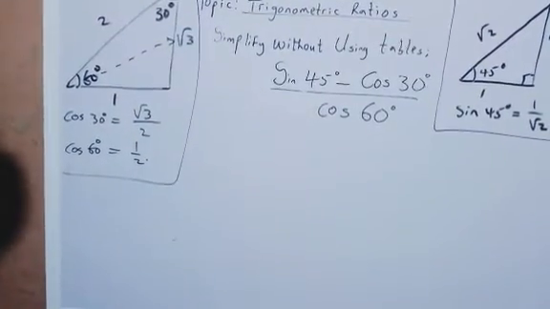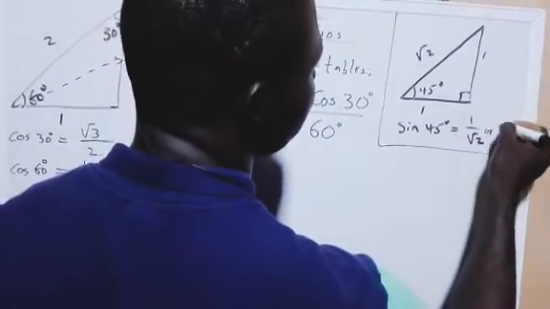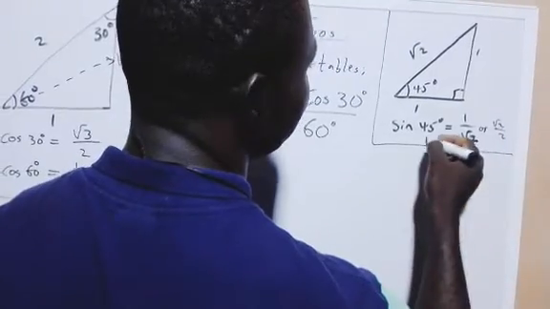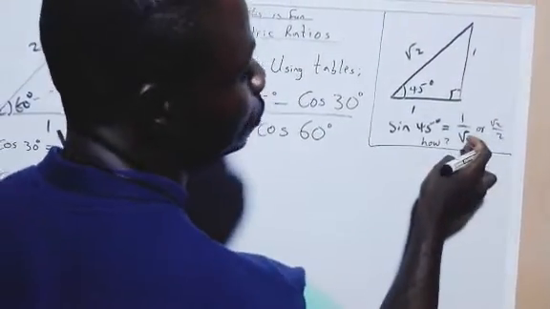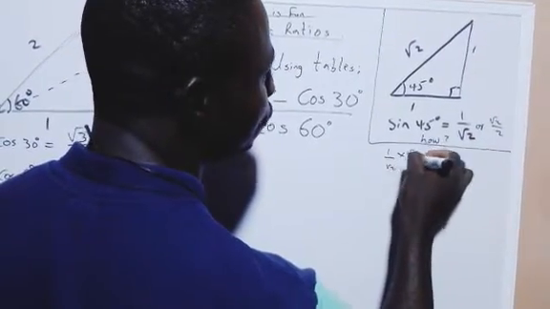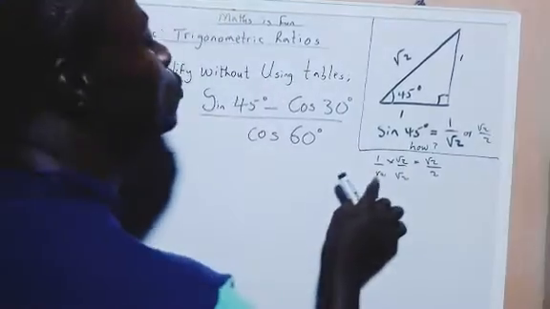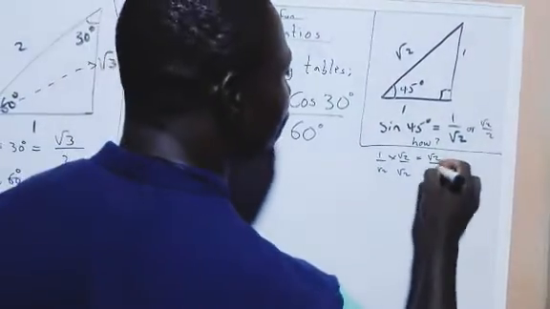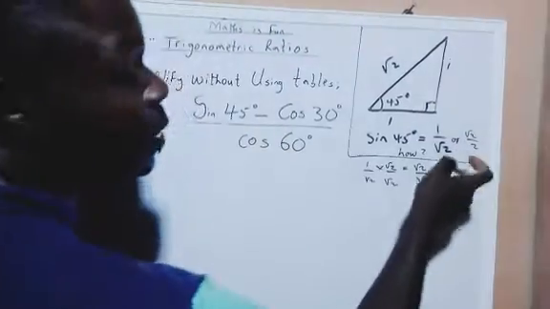Now, this is it. Sine 45 is 1 over root 2. 1 over root 2 can also be written as root 2 over 2. How? If you rationalize this, we have 1 over root 2 times root 2 over root 2. So we have root 2 over 2, because root 2 times root 2 gives root 4, and square root 4 is 2. So it's the same thing.